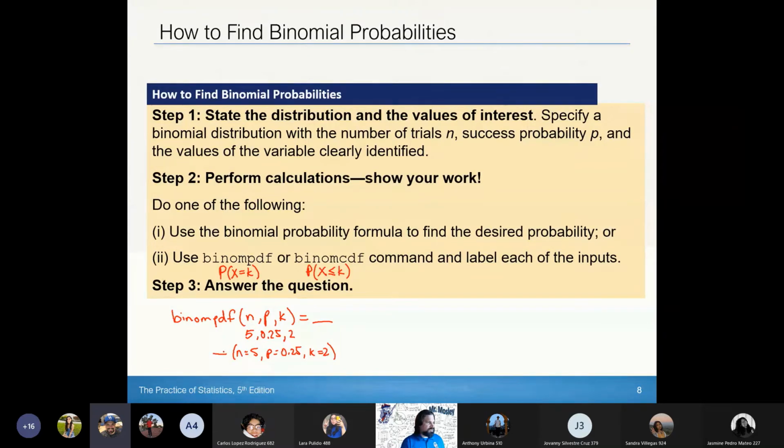This would be ideal if you're going to use technology and you want to show that, hey, I'm using technology to calculate this, I'm not doing it by hand, and this is what I put into my calculator. That's the expectation. The same 3 values are used for binom CDF, but binom CDF finds the probability of having equal to or less than that number of successes.